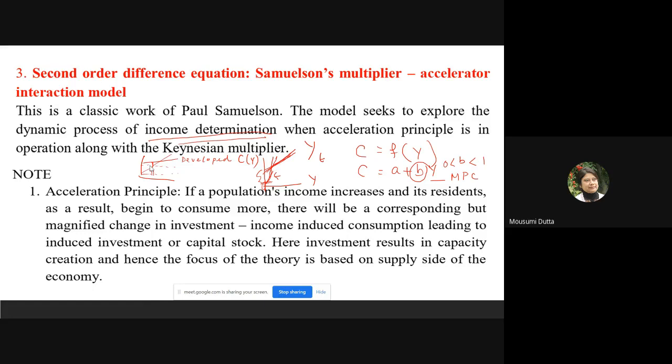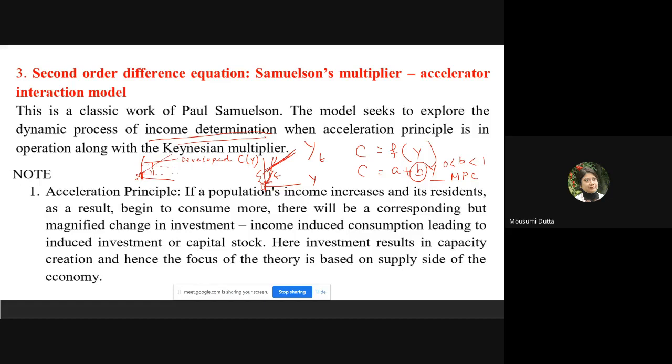Whatever change in income you are facing, mostly you are spending on consumption. Here the starting point is very low, almost very close to the origin. Your intercept is very low, however the gradient is very high.